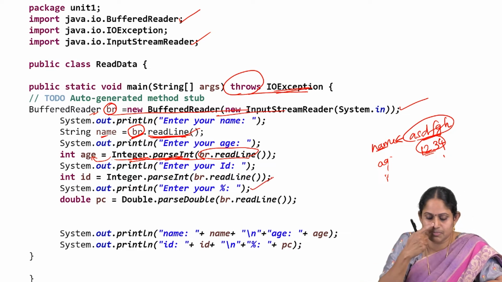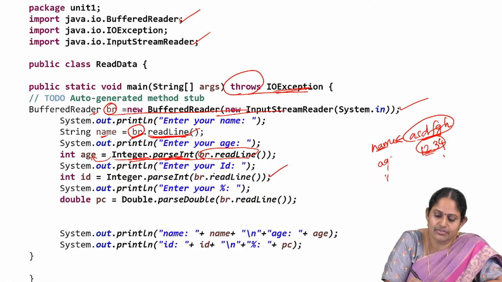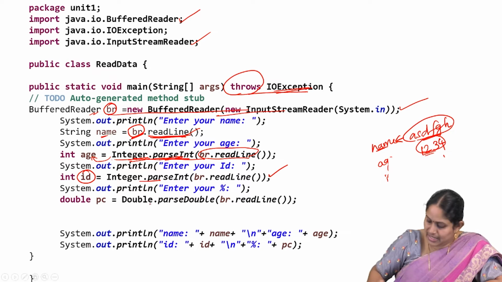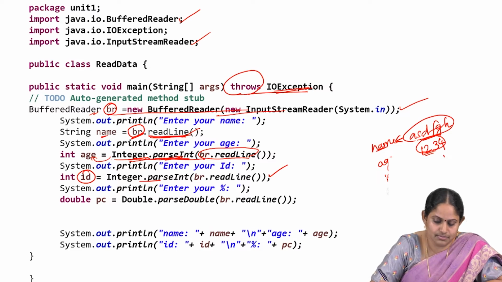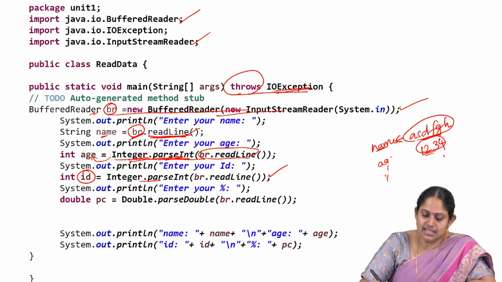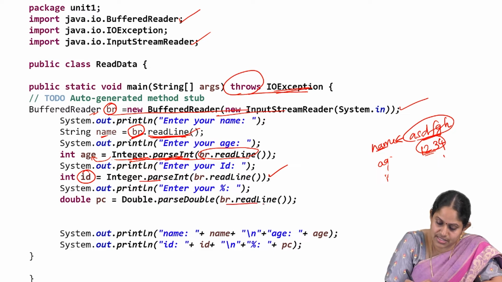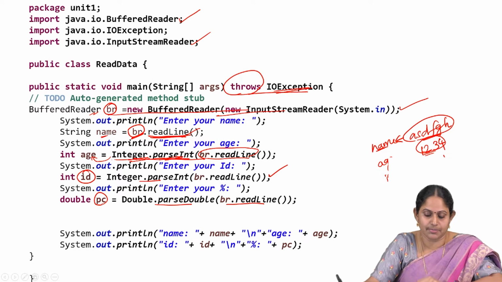Similarly, here it will read the ID, say 124321, and that will be converted into integer and stored into ID. And we have the percentile, let's say 12.34534. That will be read as a string, converted into double and stored into the double variable PC.